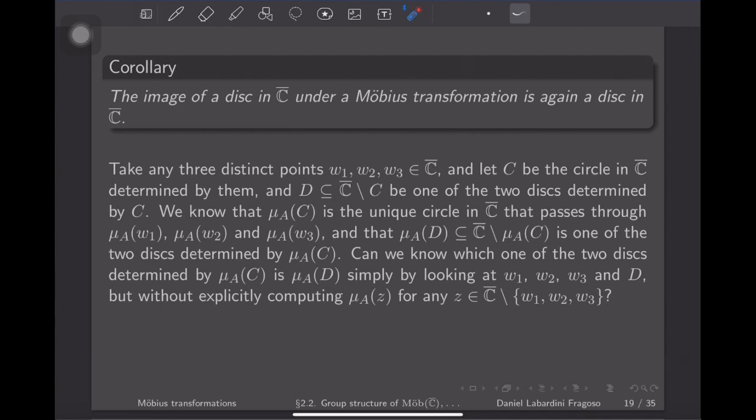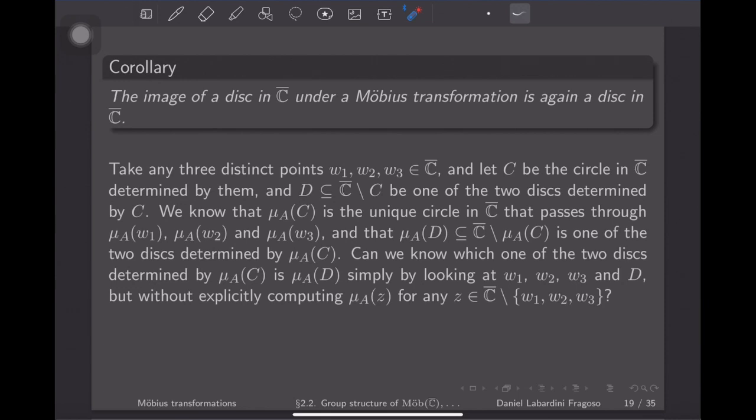And now the actual question is, if I take one disk with its bounding circle, this circle goes to a circle, and this disk goes to one of the two.